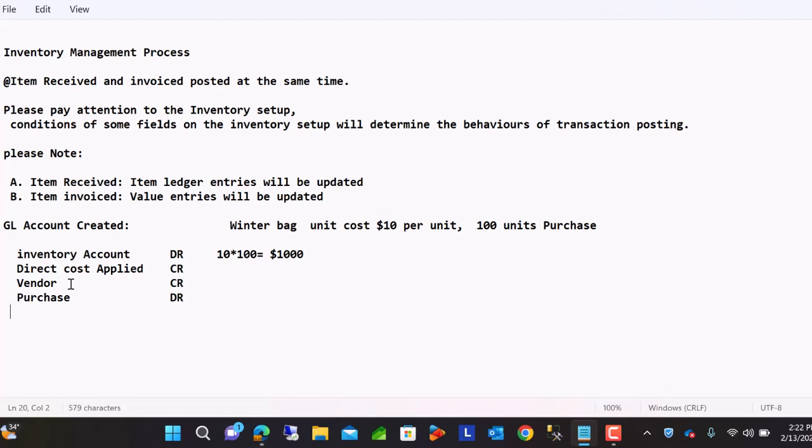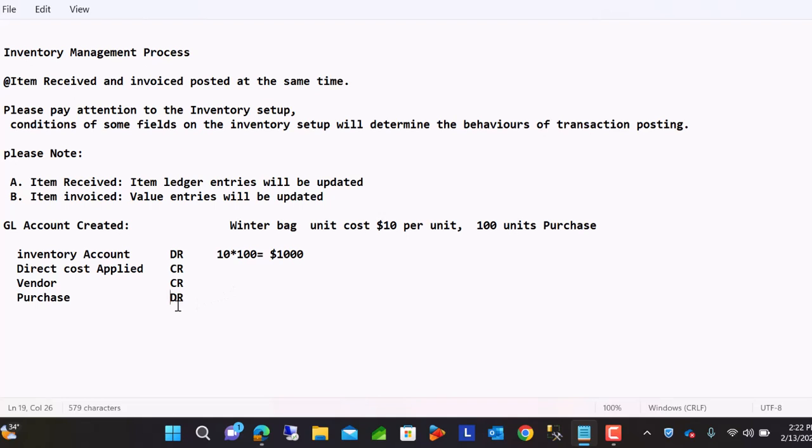It is a liability that we need to pay when the invoice is being done. This account will be credited, while the corresponding account to the vendor credit account is the purchases. You can see that for every credit entry here too, there must be a corresponding debit entry. So these are the four GL accounts that will be created as a result of the posting of the inventory.